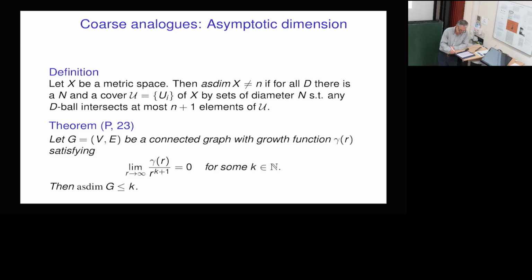Maybe it's more instructive to give some examples. Well, R is maybe the easier case. You pick d, and you say, I'm going to take intervals of length, say, 2d, and have them intersect like that.